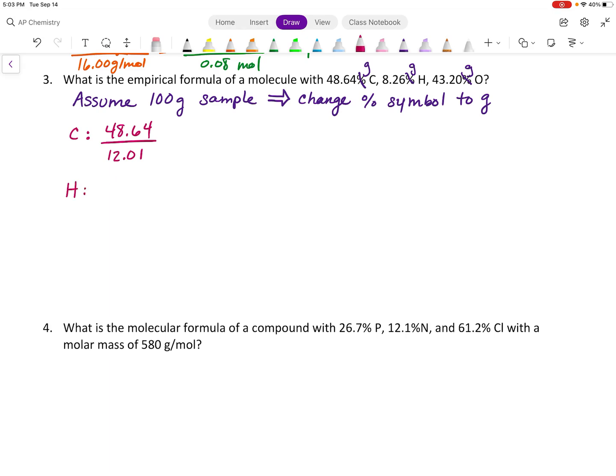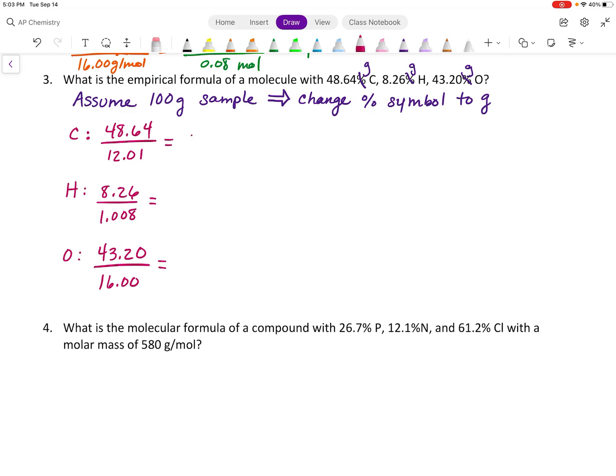Hydrogen, 8.26 divided by 1.008. I'm not carrying over all of those symbols this time. I'm doing the expedited version, which is what I normally do for myself. Oxygen, 43.20 divided by 16.00.